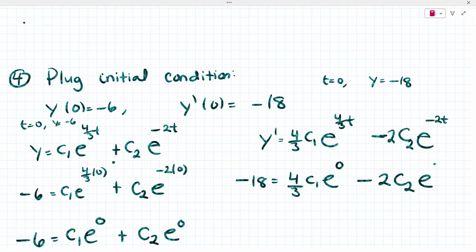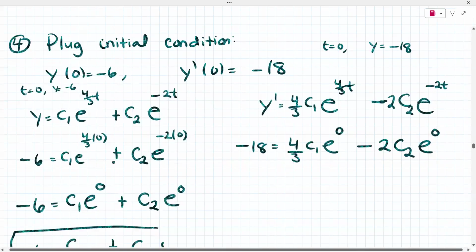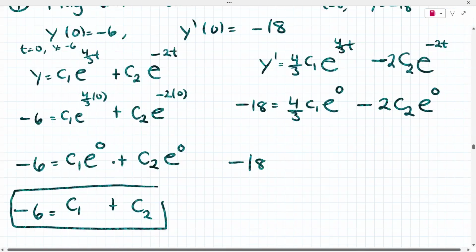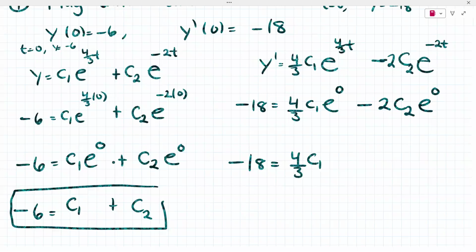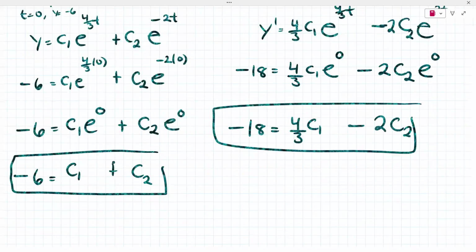Negative 2 times 0 is 0. So it's going to be negative 18. This is 4/3 C1. You know that e raised to 0 is 1, so minus 2 C2. e raised to 0 is 1. Let me box it, and we're going to form a system of equations.